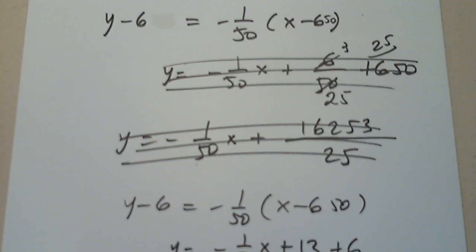Okay, and negative 150 plus 19. Correct. And do they want anything? 650 divided by 50 is 13. 13 plus 6 is 19. Slope intercept form.